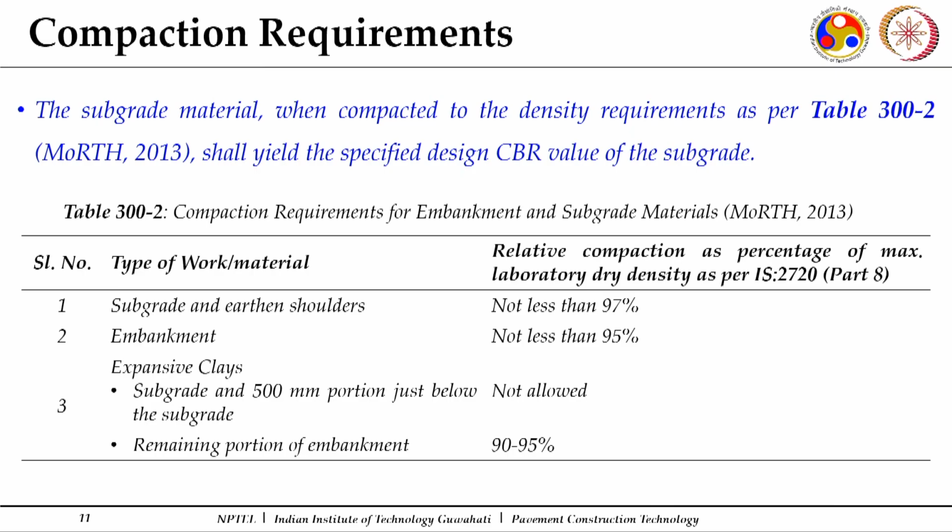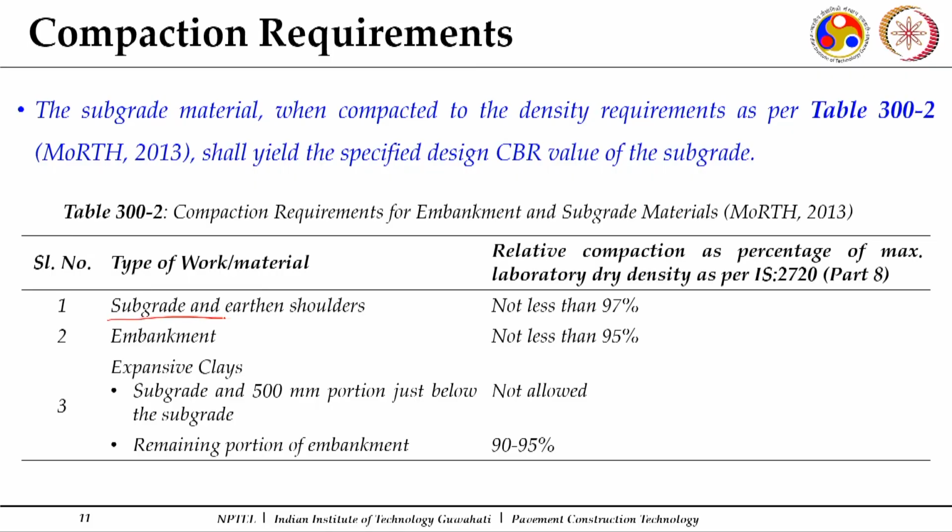Once you have this density and optimum moisture content, the soil is constructed using that moisture content in the field. While compacting it in the field, you need to go for compaction which is at least 97% of what is achieved in the lab. So, it specifies relative compaction as a percentage of maximum laboratory dry density, because it may not always be possible to attain what we have in the laboratory, but at least a good amount of density is achieved.